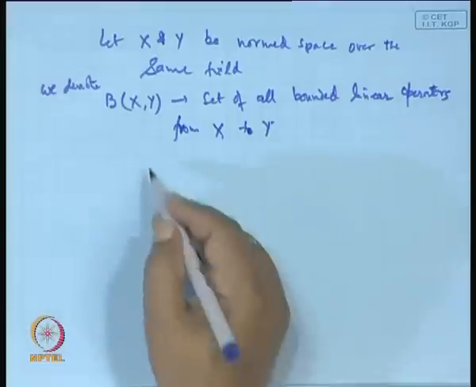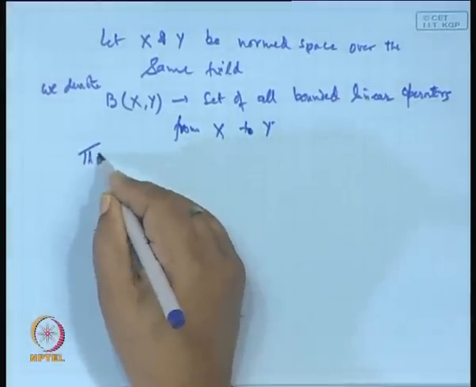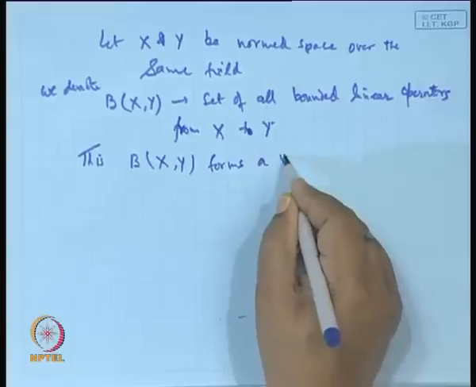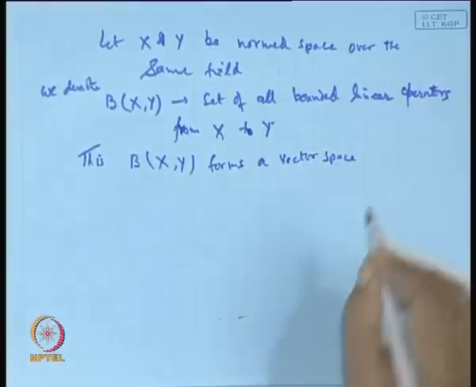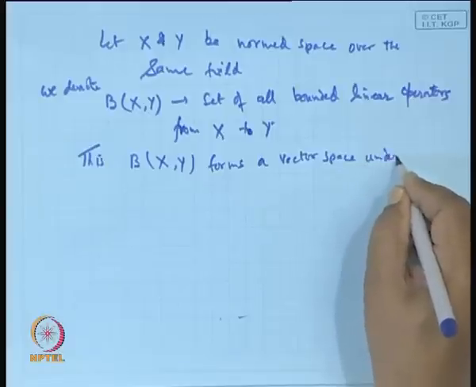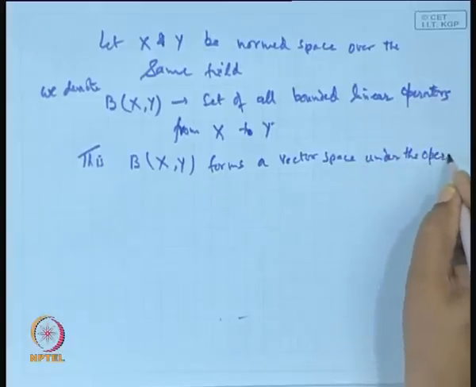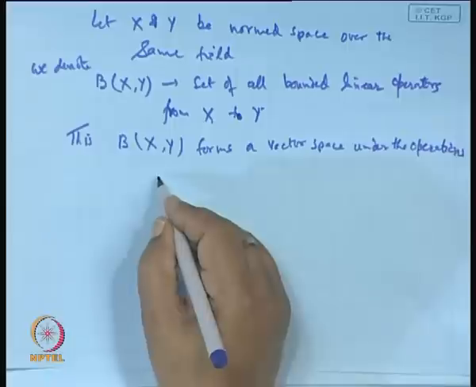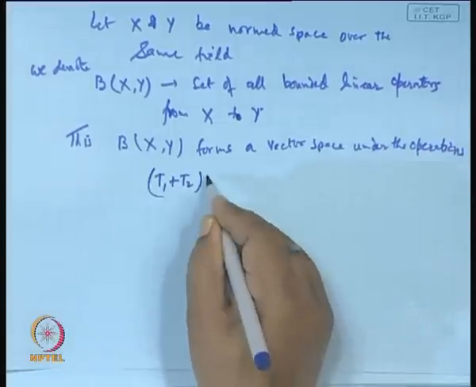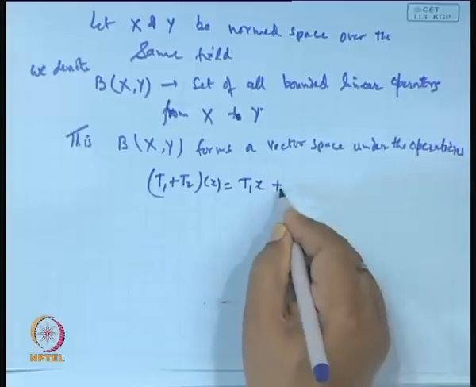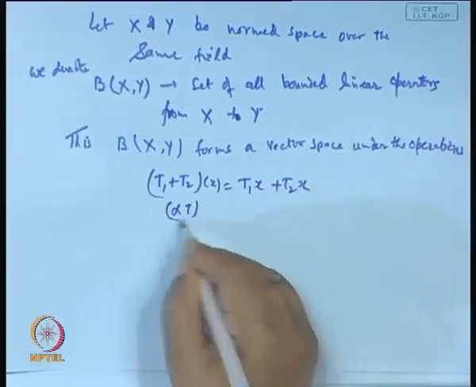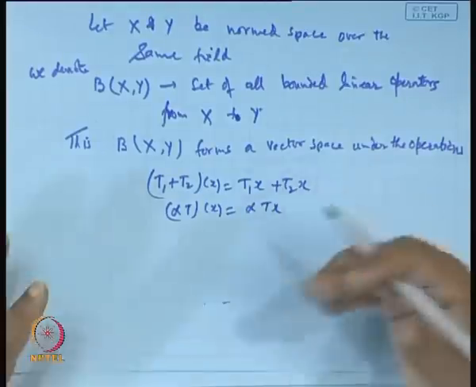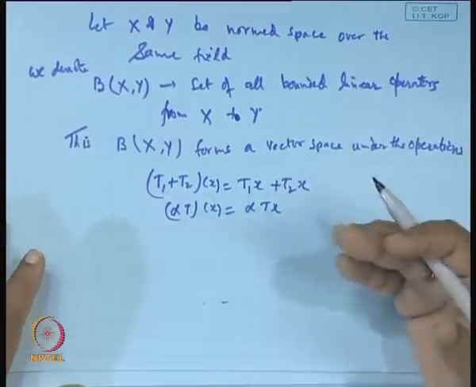Now, this B(X,Y) forms a vector space under the operations (T1 + T2)x = T1 x + T2 x, and (alpha T)x = alpha (T x). Okay? That is usual, just like a linear functional. Similarly, here the operators.